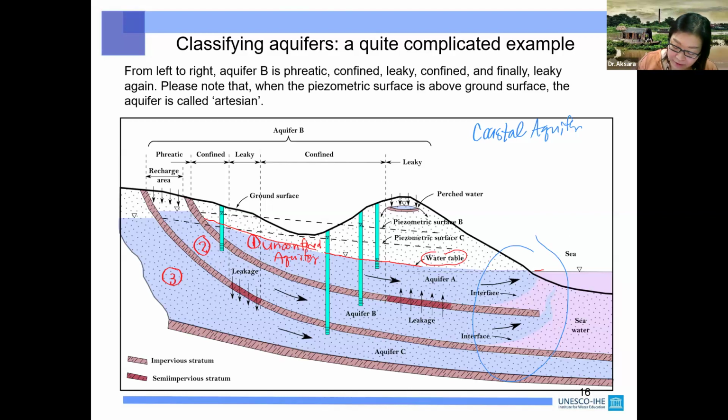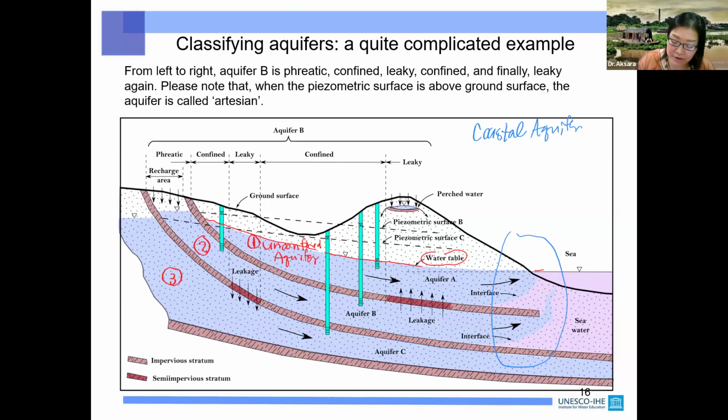The seawater is the water in purple-pinkish color, and the fresh water is the blue water. In this area you see the mixture of the blue and the purple. The water here is not fresh water and not seawater, because it's a mixture of the two.